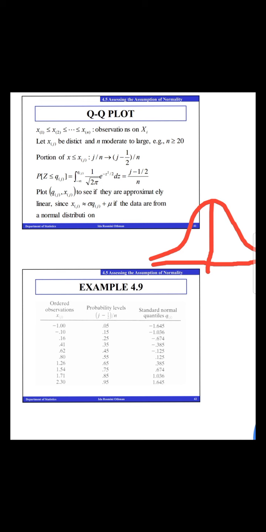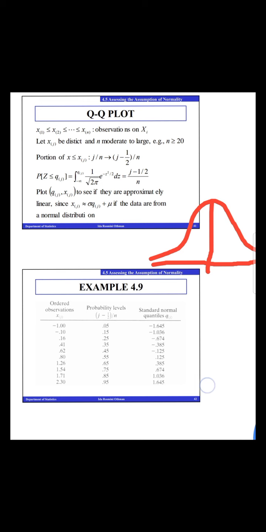So probability dekat the second column ni adalah less than 0.5. So kita akan ambil quantile yang negatif. Dia akan ada tanda negatif. Kalau kita tengok kat sini, kan, the second row, third row semuanya less than 0.5, 0.25, 0.35 semuanya negatif.